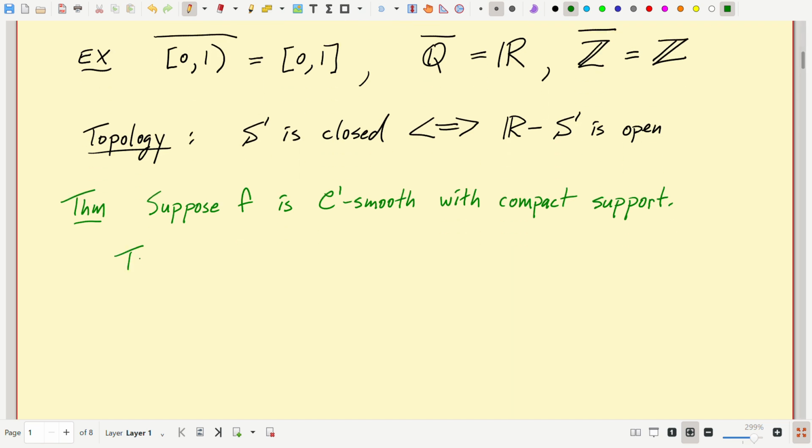Then f and its Fourier transform f hat cannot both have compact support. So I was saying they can't both have compact support. So f has compact support, and f hat can't have compact support.